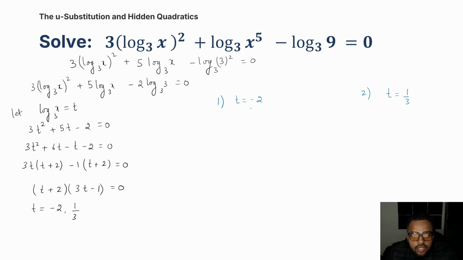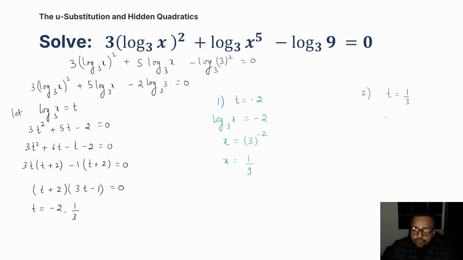On substituting t equal to negative 2, log x base 3 is equal to negative 2. So on expanding it in the exponential form, we'll get 3 raised to the power negative 2. So it could be written as x equals 1 by 9. Okay. So this is the solution when t was equal to negative 2.